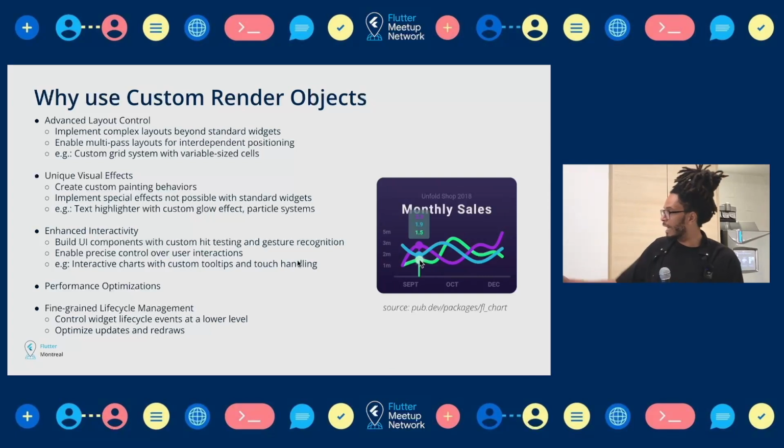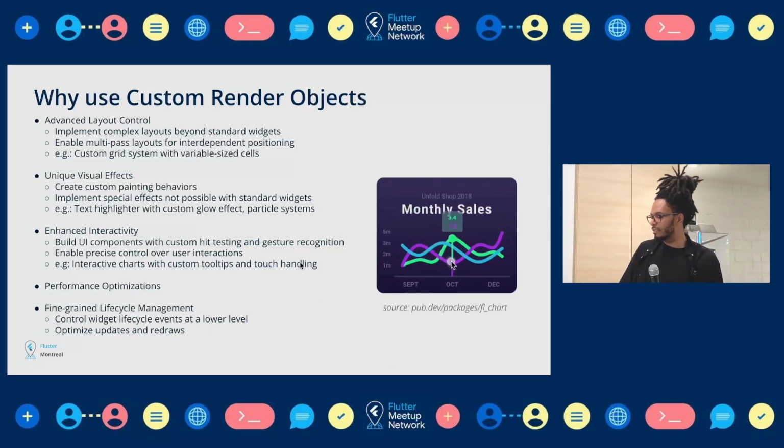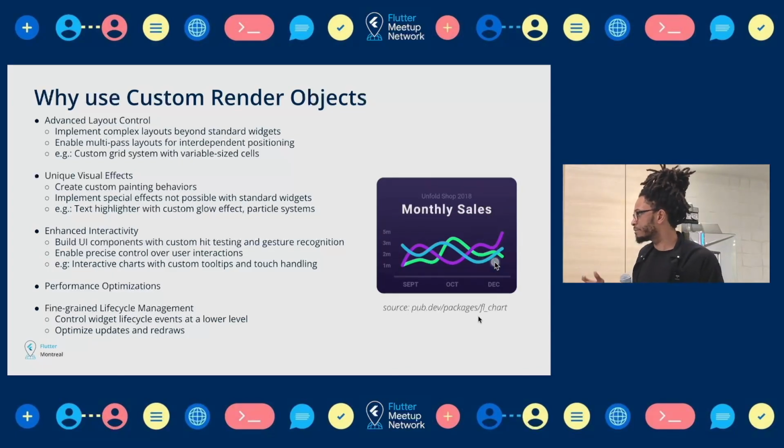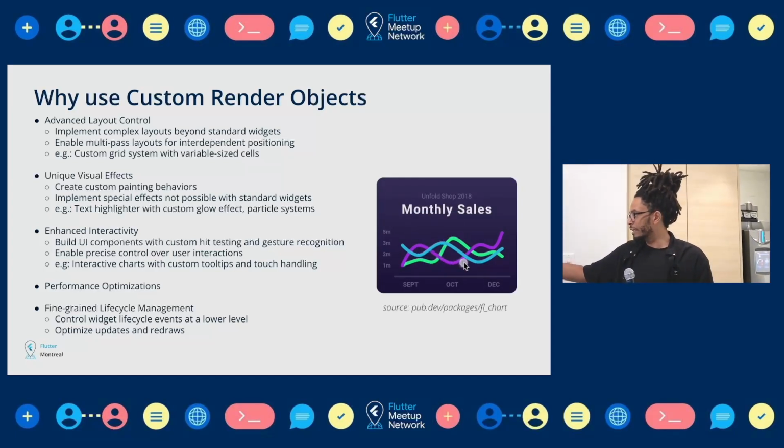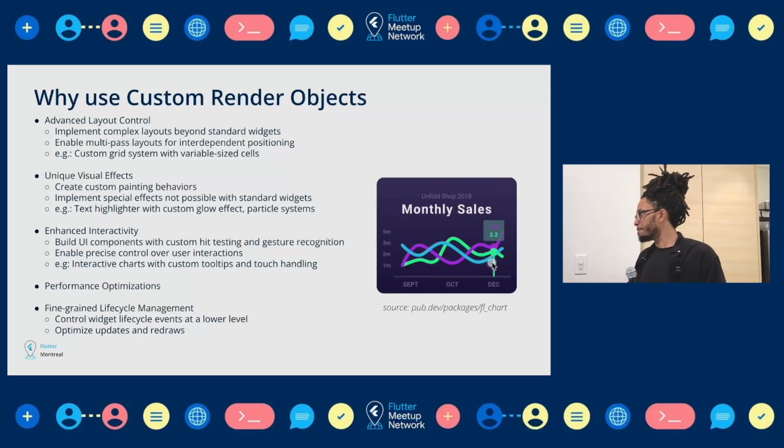So I have a small example here. This is from the package called FL Chart. Find it on pub.dev. You can see that as you tap on certain points on the chart, it's going to give you this interactive tooltip, which is going to tell you what data is available at that point.